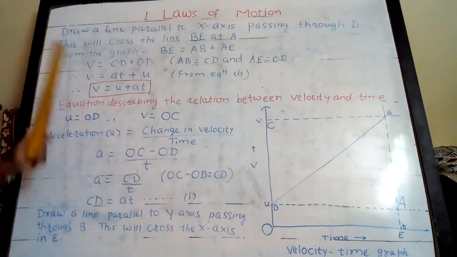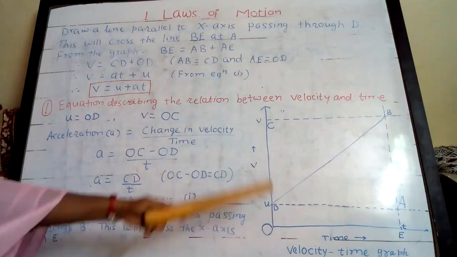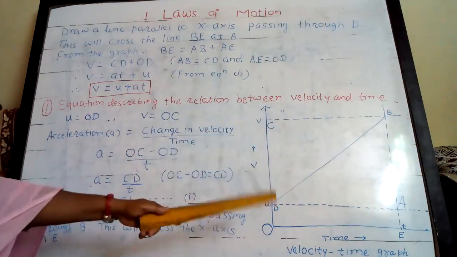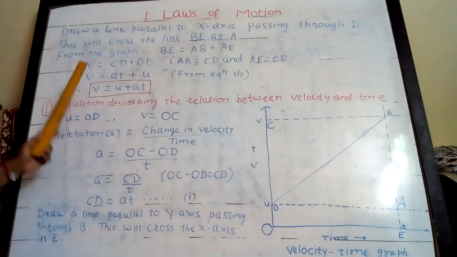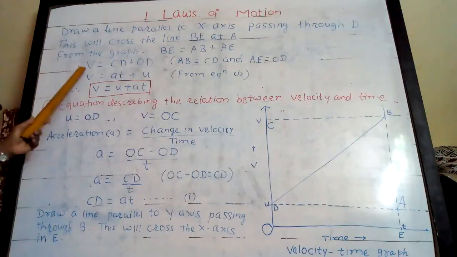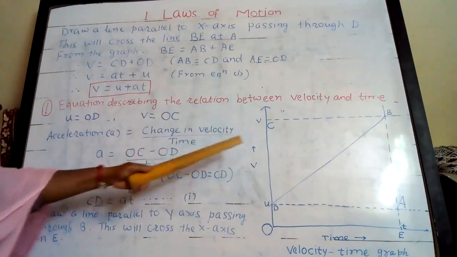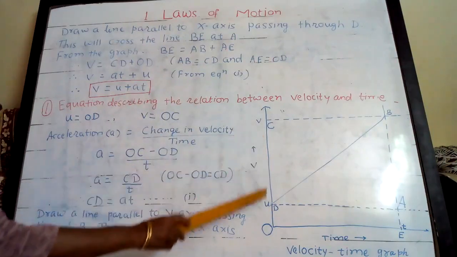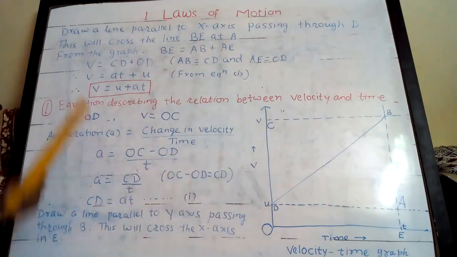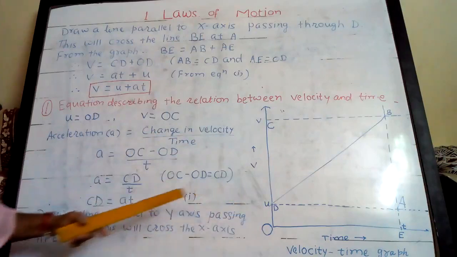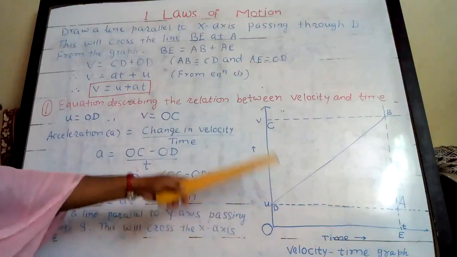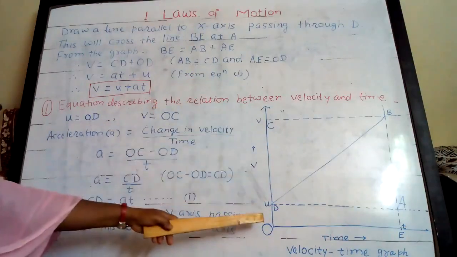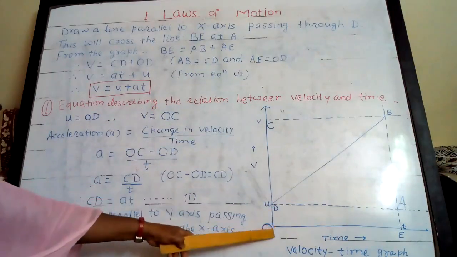From the graph we know that E is on the x-axis, and BE is equal to AB plus AE. Now the final velocity v is equal to CD plus OD, and as these are parallel lines, AB is equal to CD and AE is equal to OD.